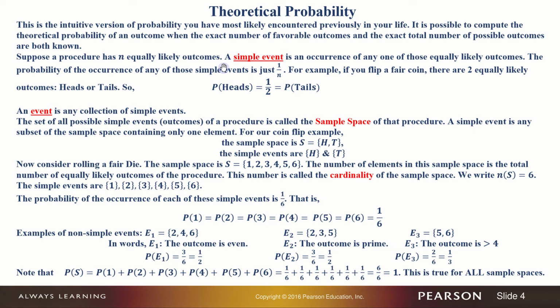A simple event is an occurrence of any one of those equally likely outcomes, right? The probability of the occurrence of any of those simple events is just going to be 1 over n, because there's only one such simple event, right? So the number of favorable outcomes for that event will be 1, and the total number of outcomes will be n, so 1 over n.